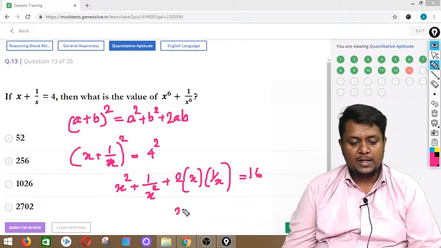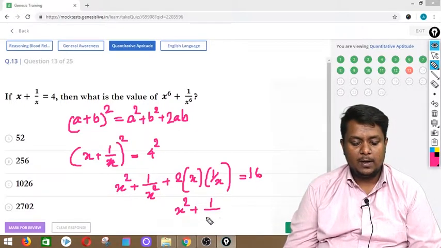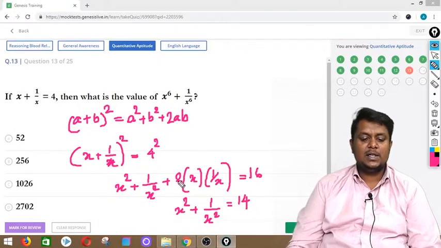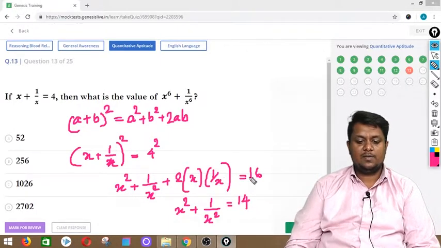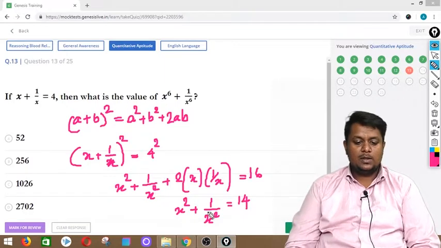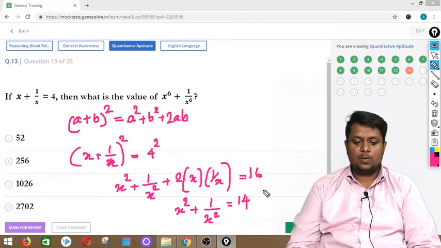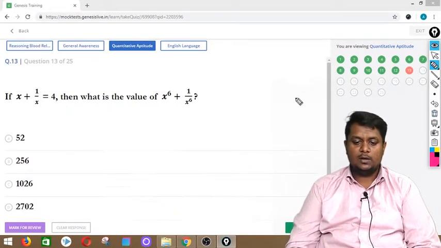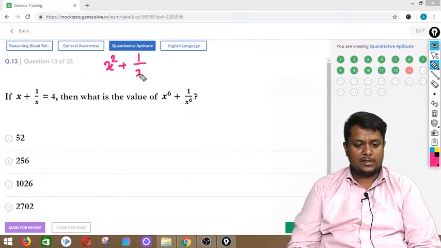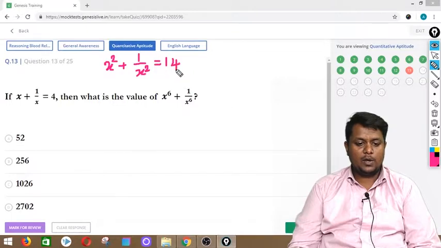We will get x square plus 1 by x square is equal to 14, because x and x cancel. This 2 goes to the left hand side, we have to subtract, right? So we have got x square plus 1 by x square as 14. So let us keep that in mind. x square plus 1 by x square is equal to 14.